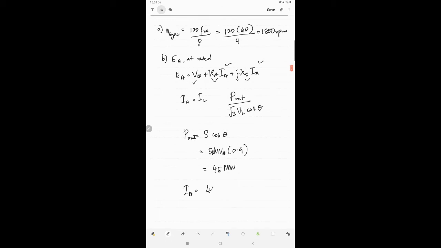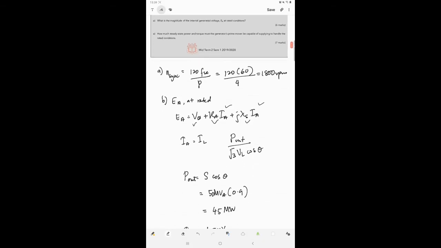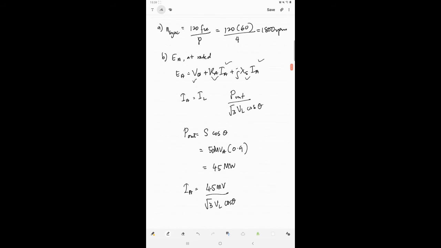IA is therefore 45 megawatt divided by square root 3 times VL cosine theta, and the line voltage is 13.8 kilovolts. So it is 45 megawatt divided by square root 3 times 13,800, times cosine theta, which is 0.9.